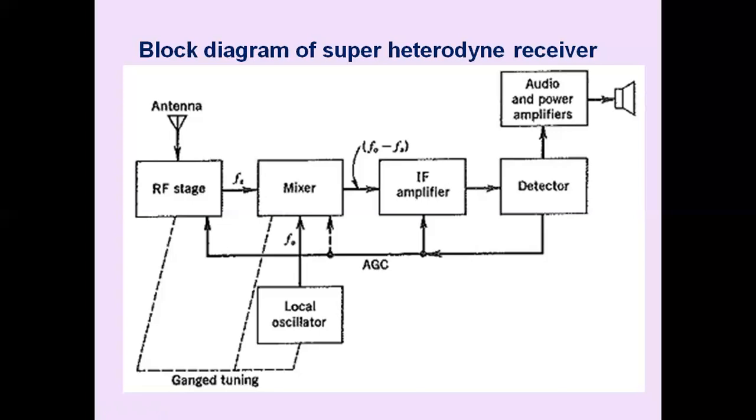Since the characteristics of the IF amplifier are independent of the frequency to which the receiver is tuned, the selectivity and sensitivity of the super heterodyne receiver are usually fairly uniform throughout the tuning range and not subject to the variations that affect the TRF receiver.